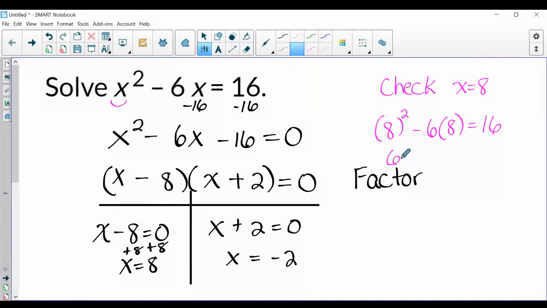And we'll do a quick check here. 64 minus 48 is in fact equal to 16. So the first value of x checks out, so we'll go ahead and box this one up. Our second one is x equals negative 2. Remember to use parentheses.